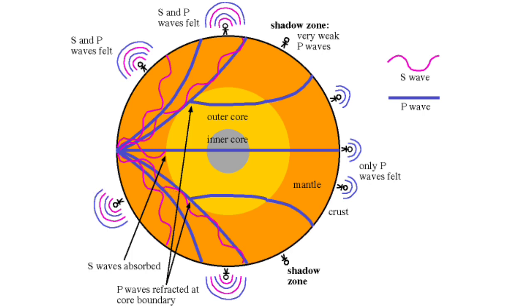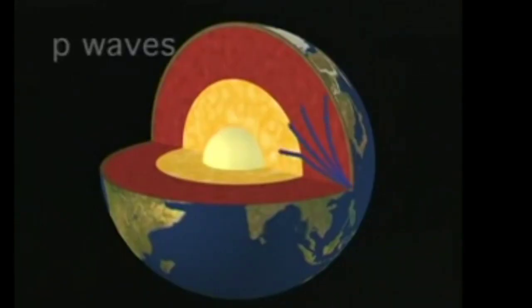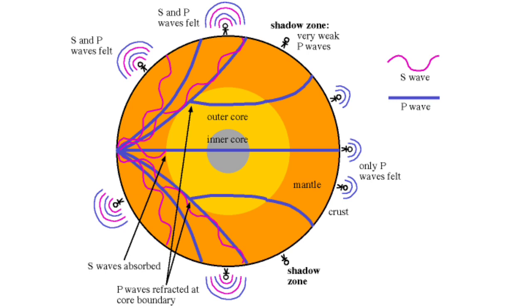This happens only when there is a change of medium. In the diagram you can see the P waves are completely refracted into another direction. This is possible only when there is a change of state, which proves that the outer core is present in a liquid form.